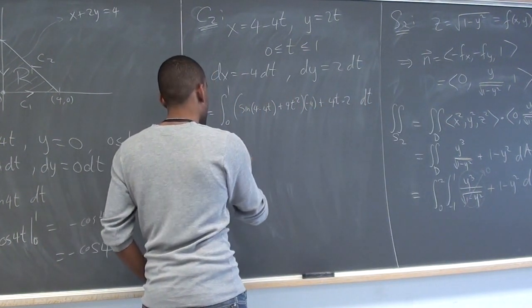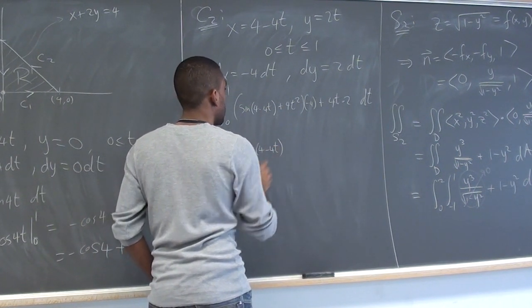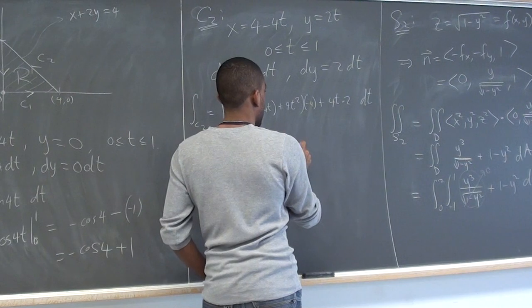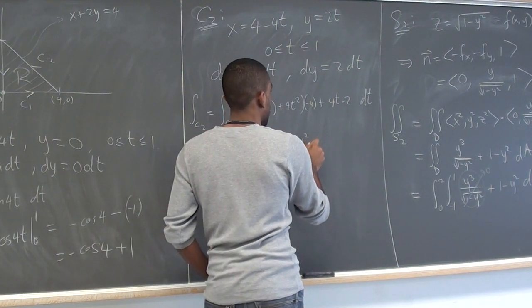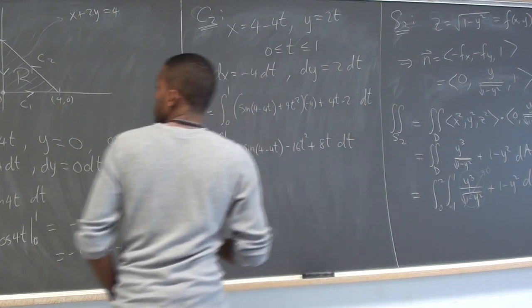So let's expand this. This is minus 4 sine 4 minus 4t minus 16t squared plus 9t dt.